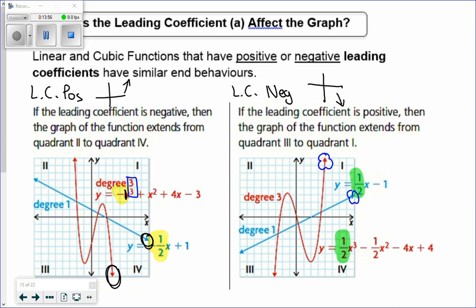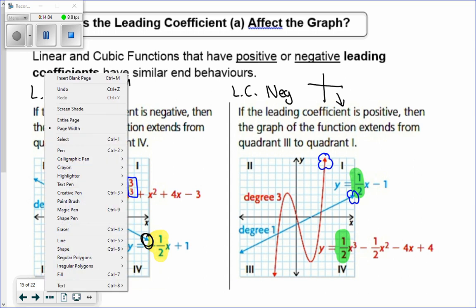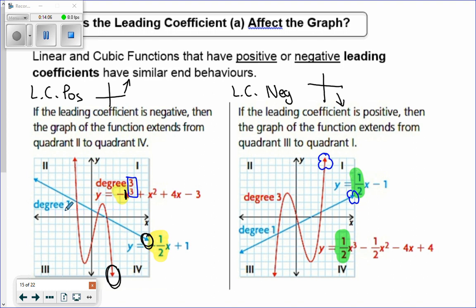Okay. So a degree 3, when you draw it, will have 3 arms. Here's what I mean. So this graph in red here, 1, 2, 3. Degree 3, 3 arms.